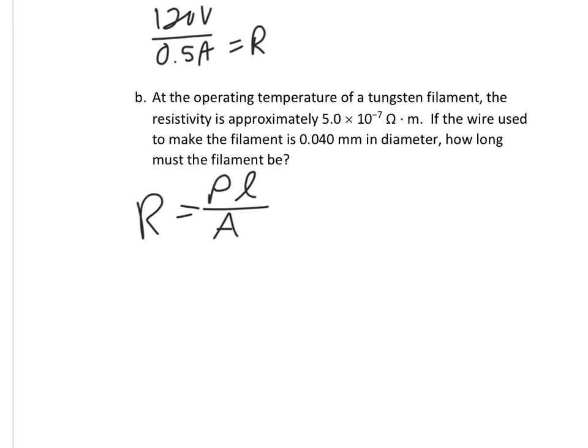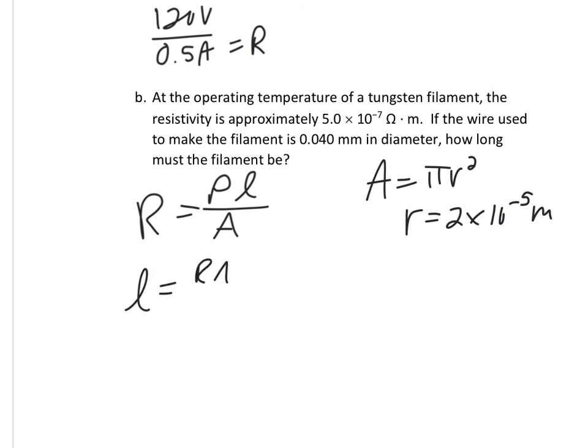And for that, we're going to use area equals pi r squared. So if the diameter is 0.04 millimeters, the radius would be 0.02 millimeters. So the radius would equal 2 times 10 to the negative 5 meters, if I did that right. Okay, so looking for the length of the filament, rearranging this, we get that L equals resistance times area over resistivity.